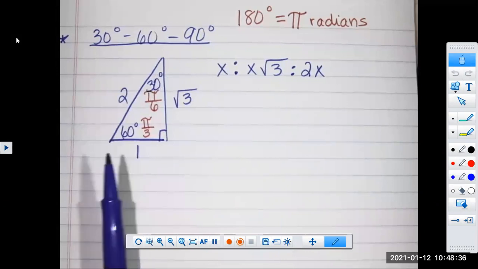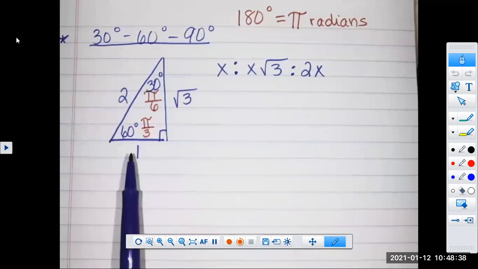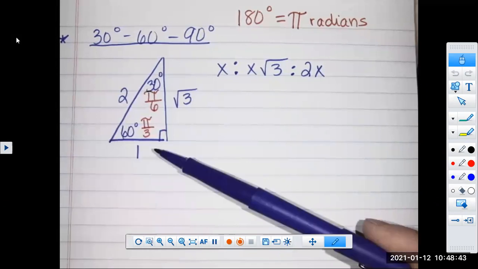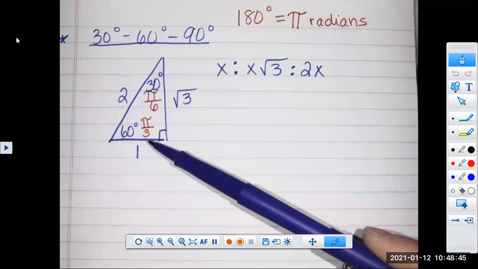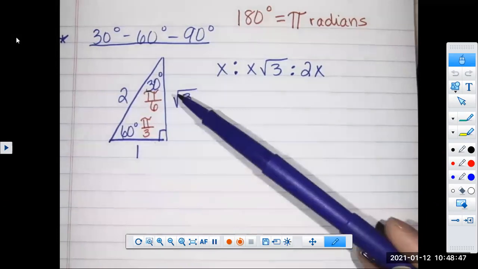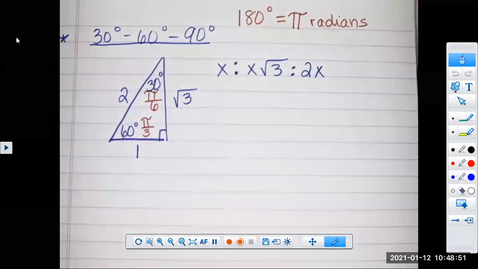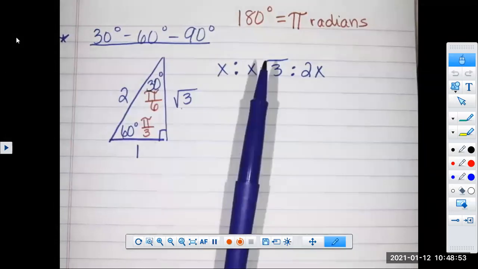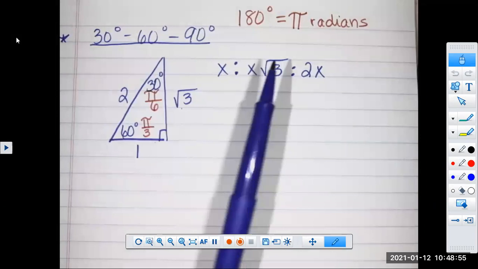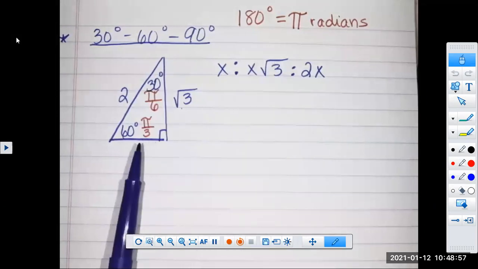In a basic triangle, they're going to let that be 1. The long leg is the short leg times square root of 3, and that's what this ratio is representing. Your hypotenuse is always double your short leg.